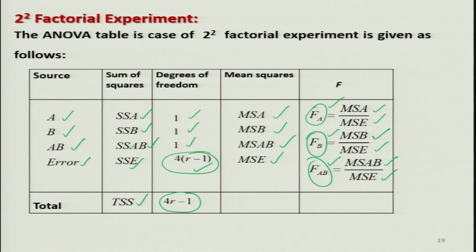Right. So now we come to an end to this lecture, and you can see that in this lecture we have understood the basics of the 2-square factorial experiment, how different factors and interaction effects are converted into a formal way using statistical theory, rules, concepts, and finally how you are going to conduct the analysis of variance.